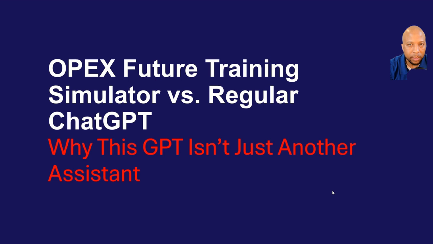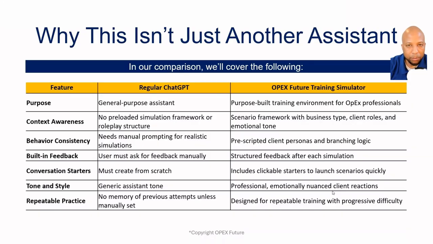Now, we'll compare the OPEX Future Training Simulator to just regular ChatGPT. We want to discuss why this GPT isn't just another assistant. We want to discuss what the value is for utilizing the OPEX Future Training Simulator instead of just going to the regular prompt chat box with ChatGPT and doing your own simulation ad hoc. Here we have a comparison between the two, and I'll go through this table line by line.